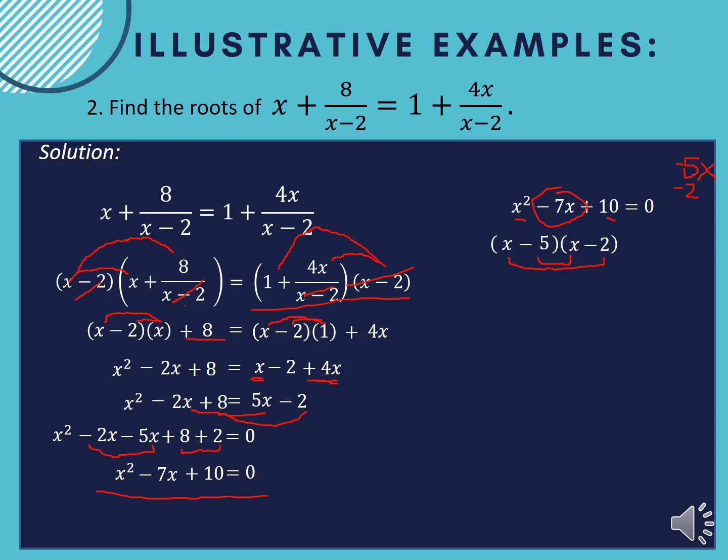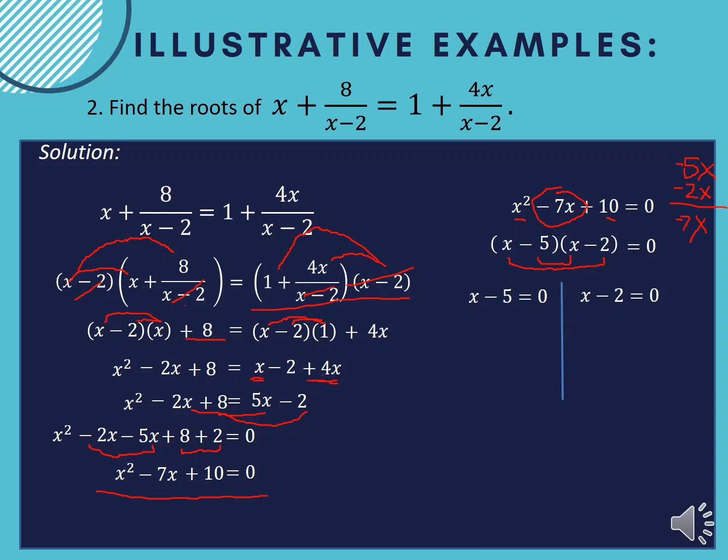And when we add negative 5x and negative 2x, since they have the same sign, we just add them. 5 plus 2 is 7, and then copy the sign. So we have negative 7x, and that satisfies our middle term, negative 7x. Therefore, our factored form is correct. Now, let us solve the two linear equations. So we have x - 5 = 0, and another one is x - 2 = 0.